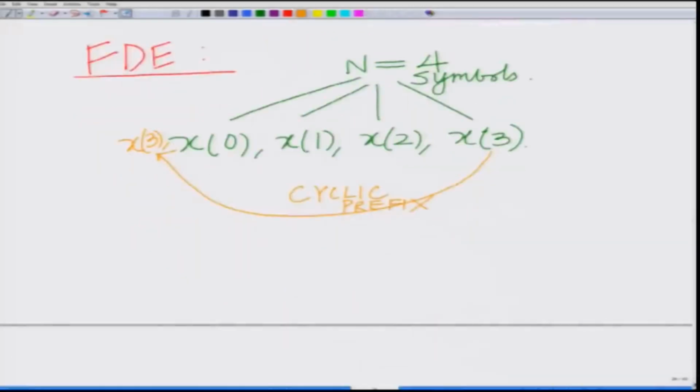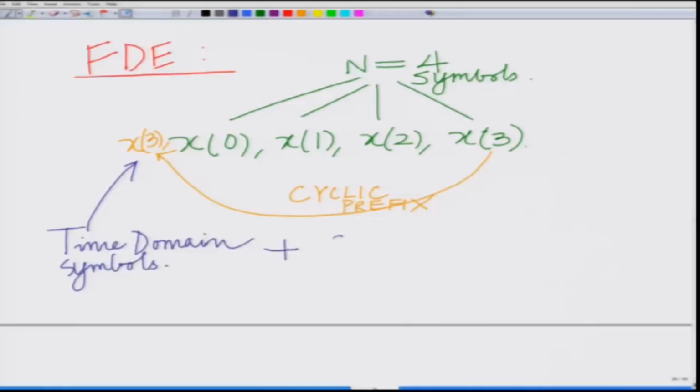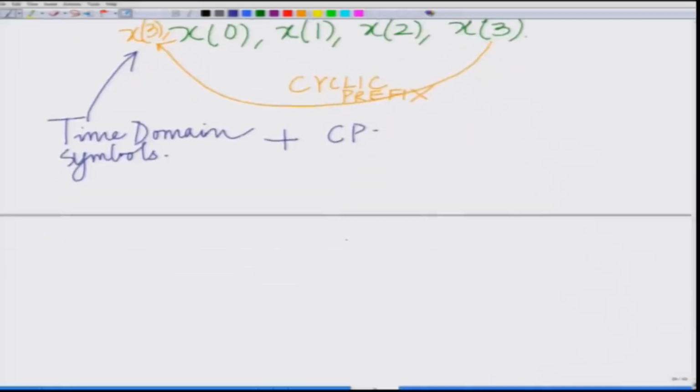And now these are the time domain symbols, not time domain samples, that is BPSK or QPSK or so on, basically modulated symbols, plus the cyclic prefix. So, the cyclic prefix added block of time domain symbols.